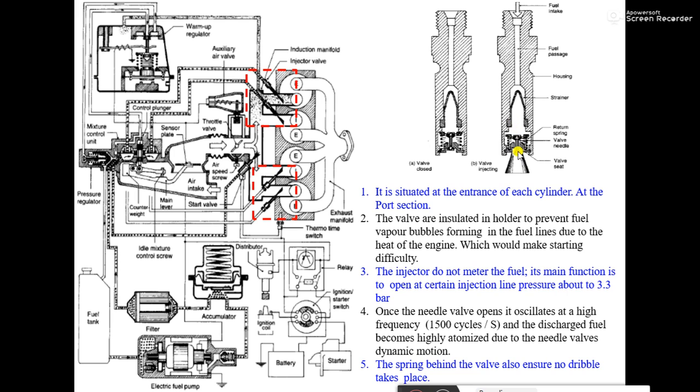an atomized fuel, okay. So it becomes highly atomized due to the valve's dynamic motion. So this helps to create a high surface to volume ratio of the fuel particles. So maximum surface area is available to evaporate, or due to this high rate of atomization, vaporization will take place quicker, okay.